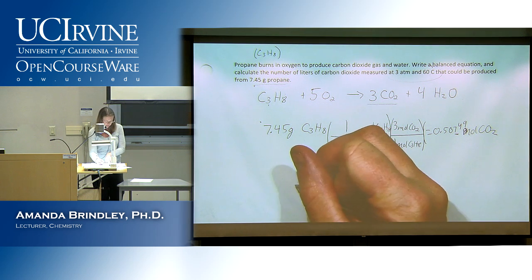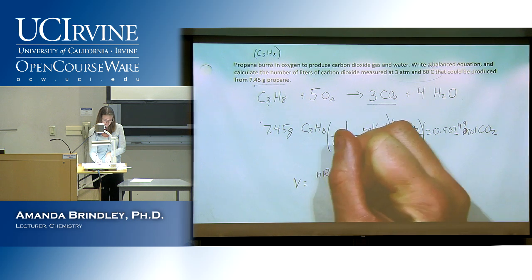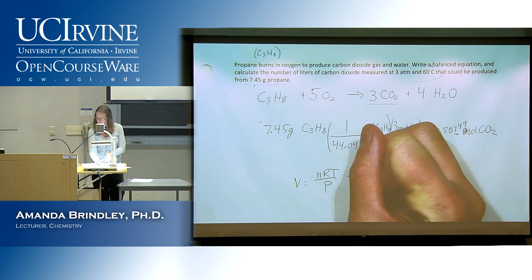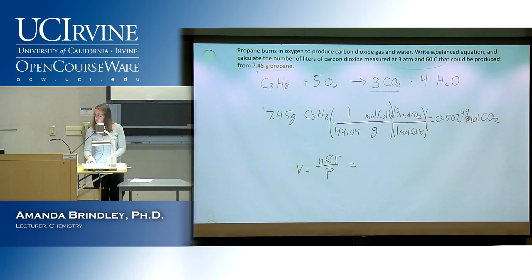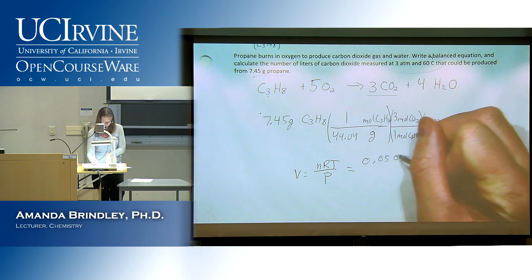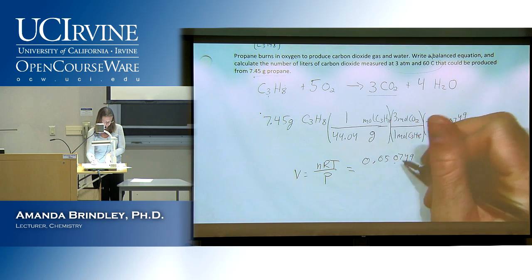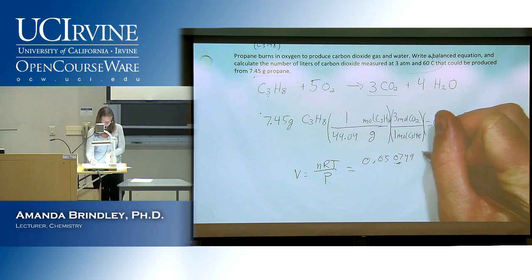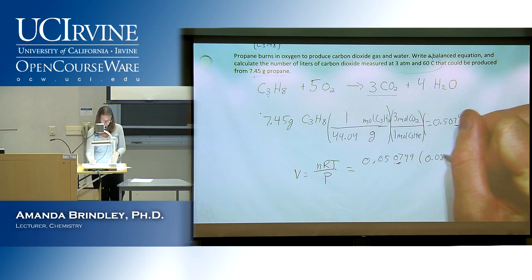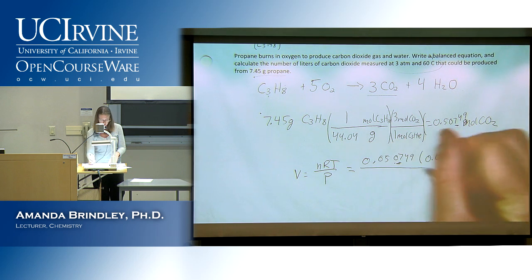PV equals nRT. And you fill everything in, not forgetting to convert into Kelvin.